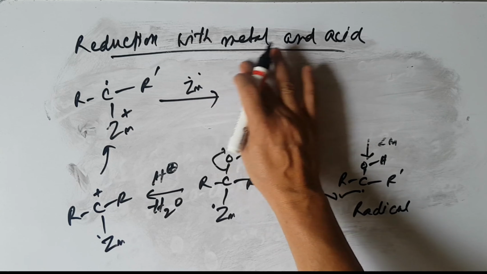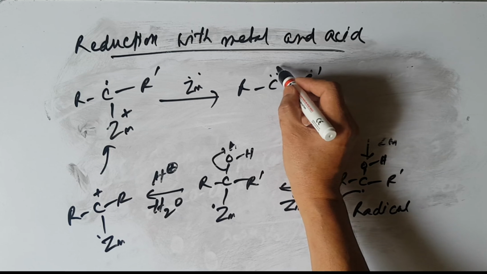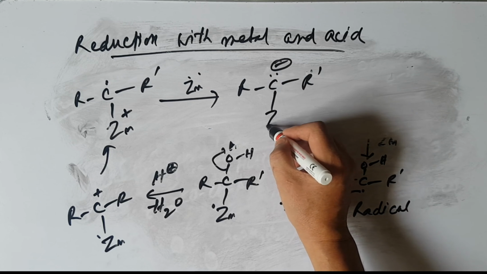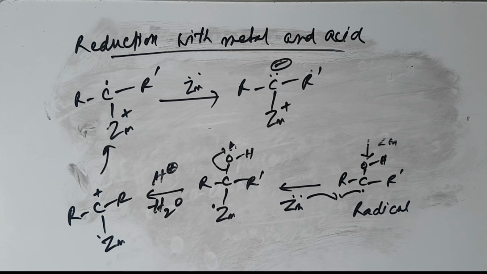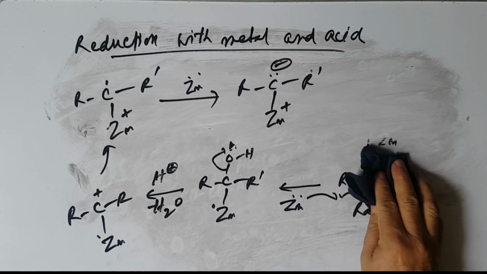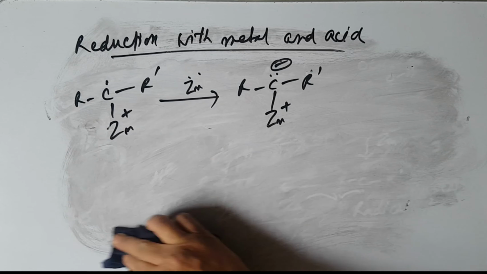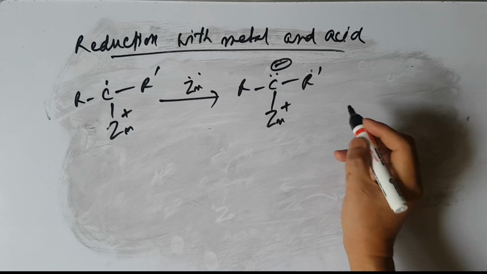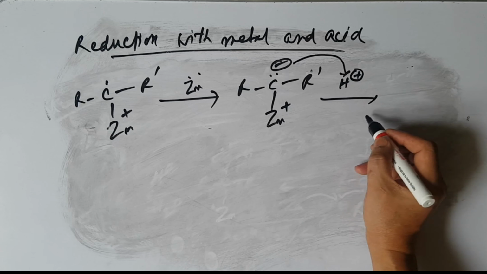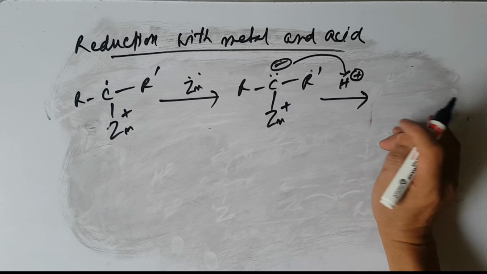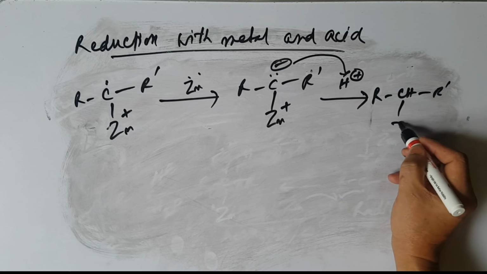This radical is converted to an anion, with zinc here. This anion takes a proton from the acid. So it picks up the proton, and you get the intermediate RCH R prime zinc.